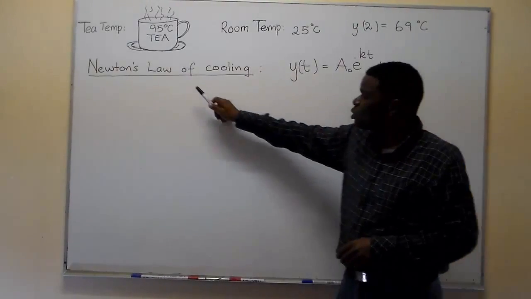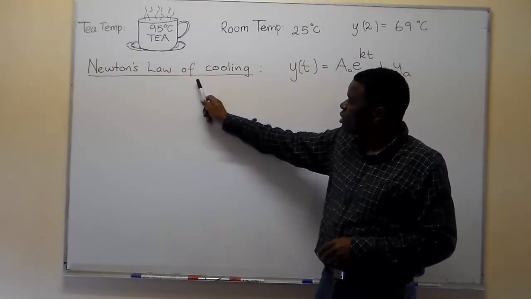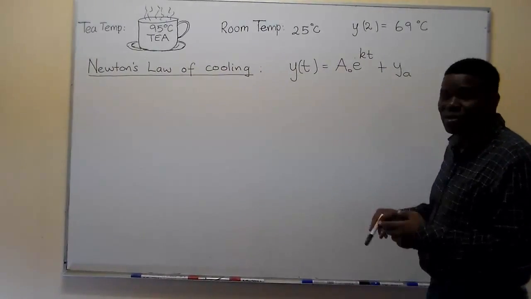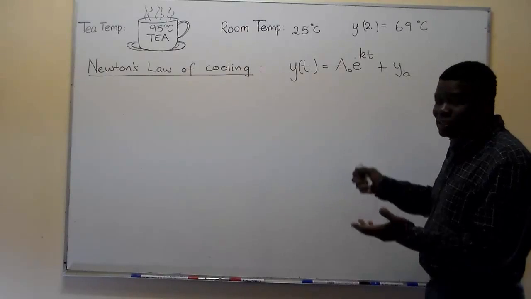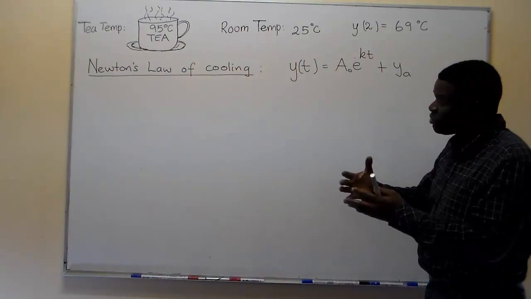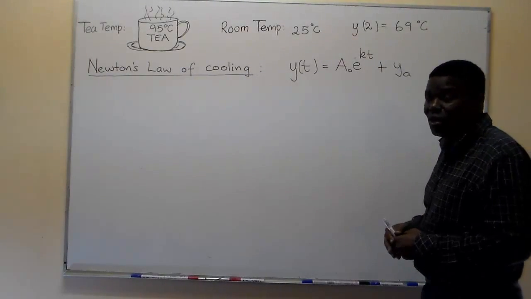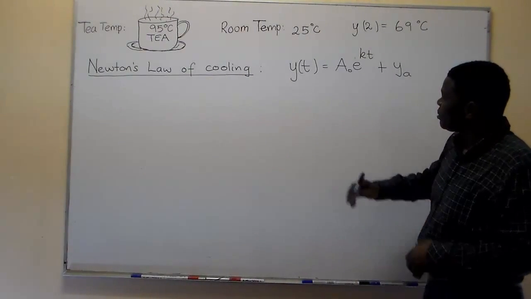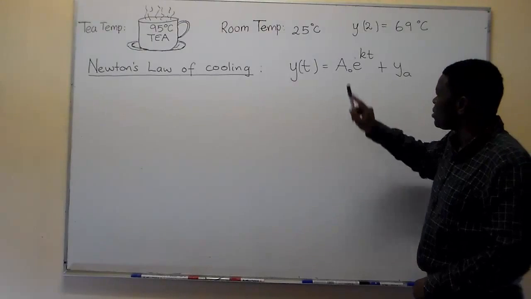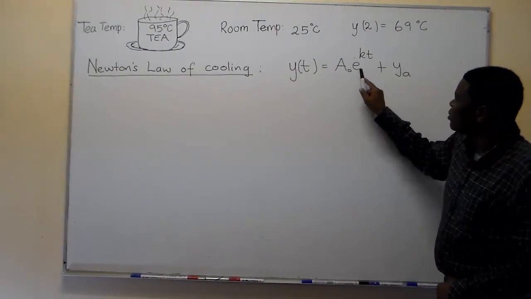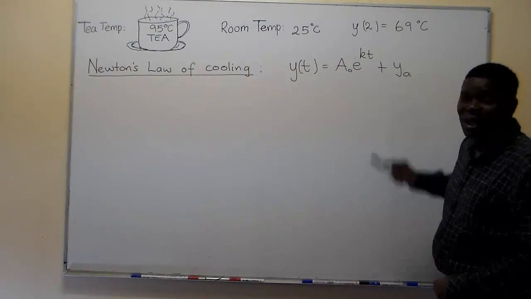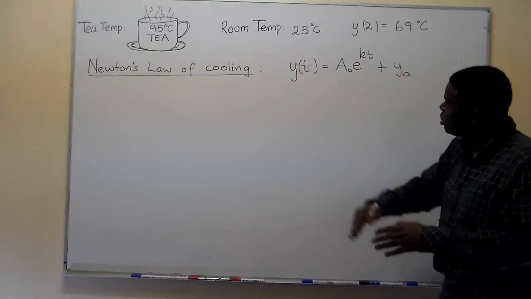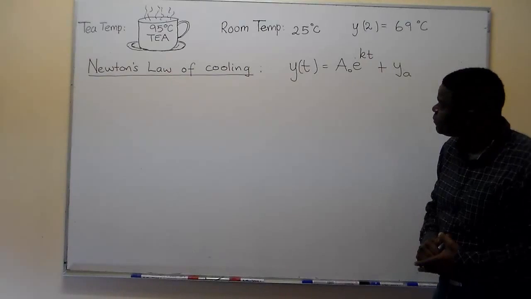But remember that Newton's law of cooling made us arrive at this model which gives us a function of time which delivers the temperature of the object which is cooling down, and that model is y of t equal to A0 e to the power kt plus the ambient temperature, that is the room temperature or the surrounding temperature.